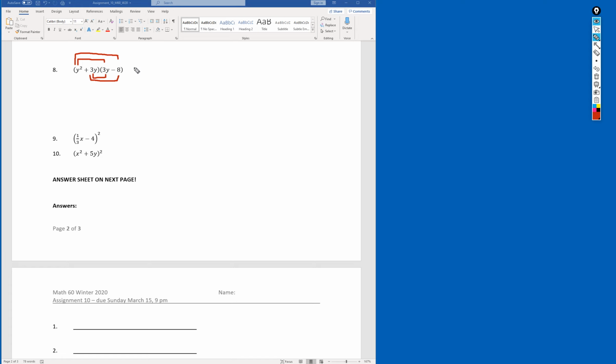So the first would be y squared times 3y. The outer is going to be y squared times minus 8, so it's going to be negative. So minus y squared times 8.